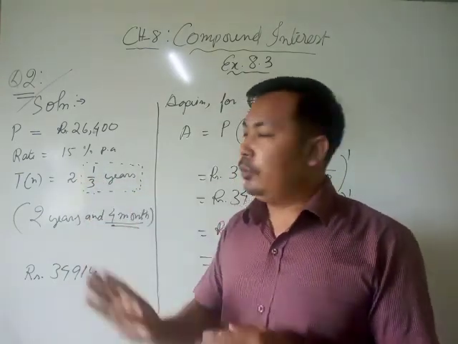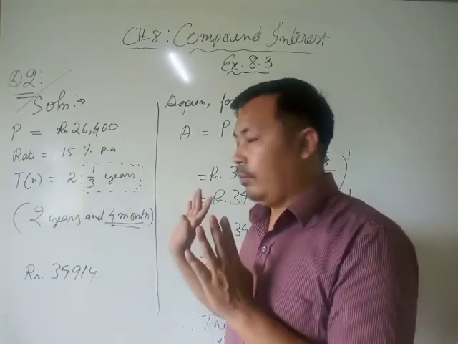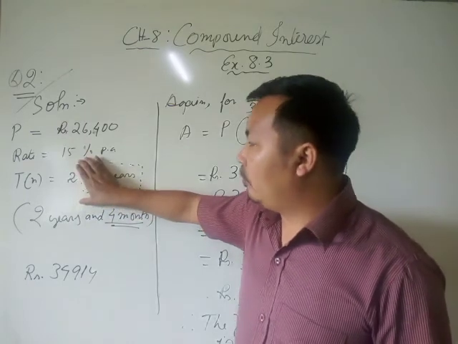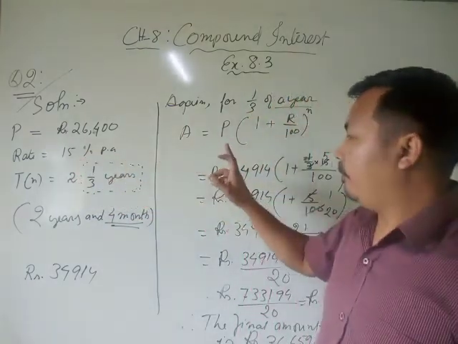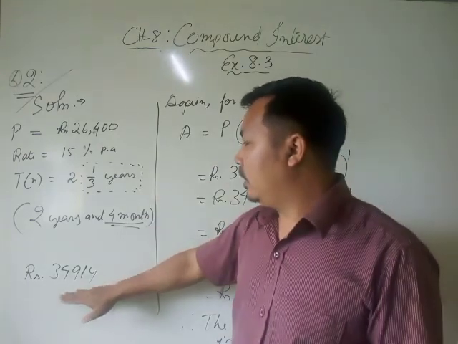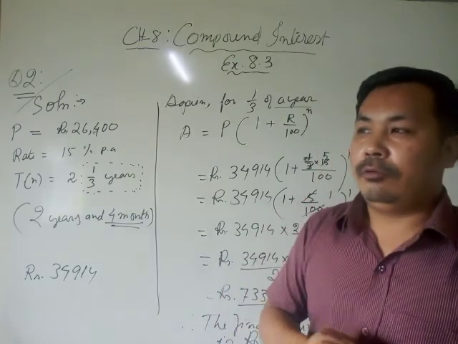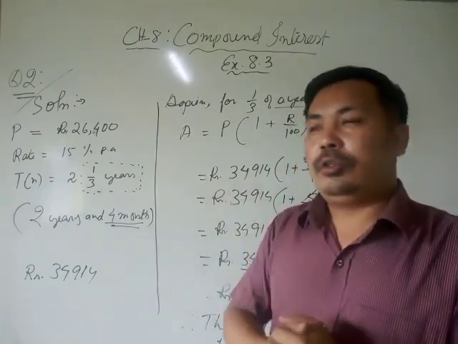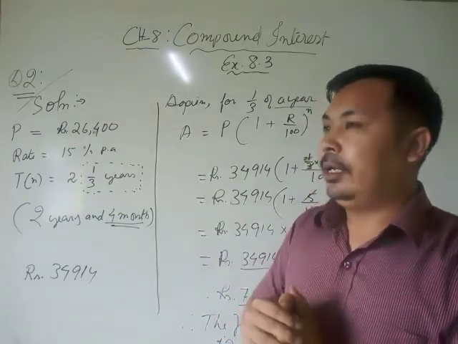Different people will show you different types of calculations for these 2 years and 4 months, but here I want you to clearly do it for the 2 years, and on the last amount of these 2 years you calculate for 1/3 of it. This is very simple, even though it is a long process.